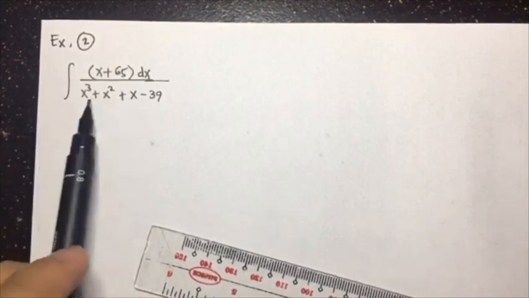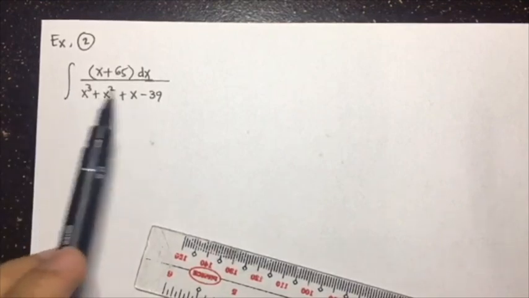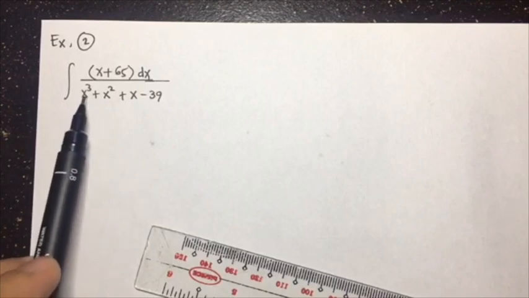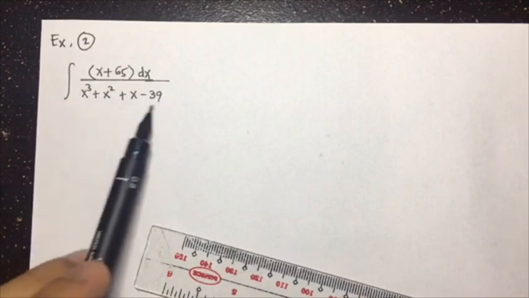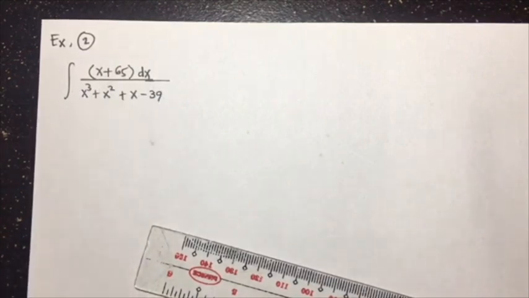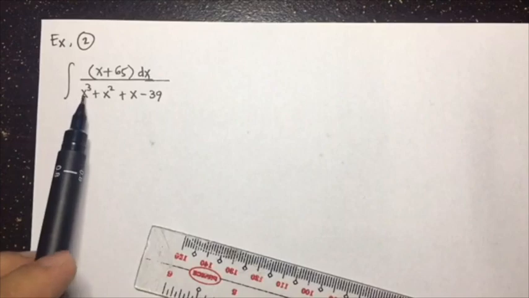First, we need to factor the denominator. How do we factor it? Maybe we can use the remainder theorem. We substitute values for x and look for where the expression is 0. Let's say positive 1.